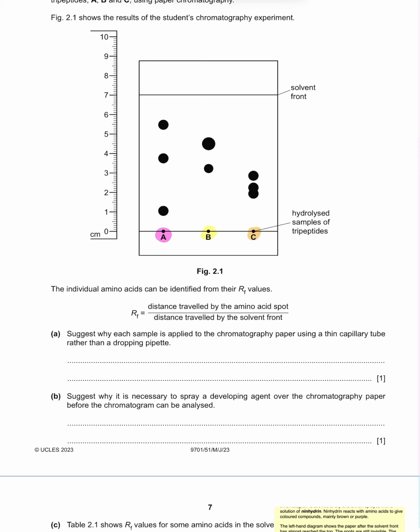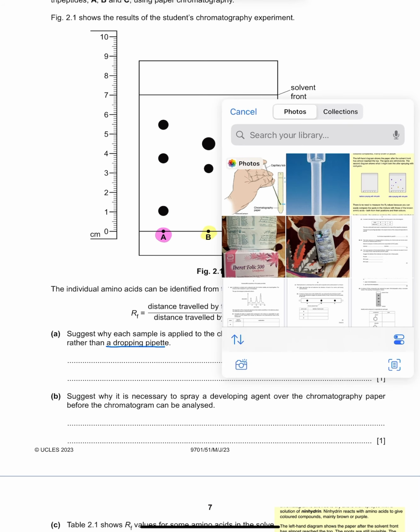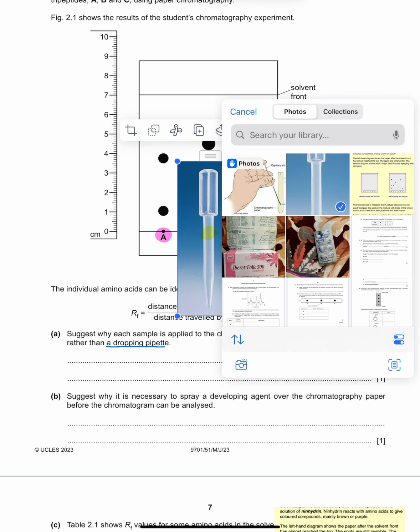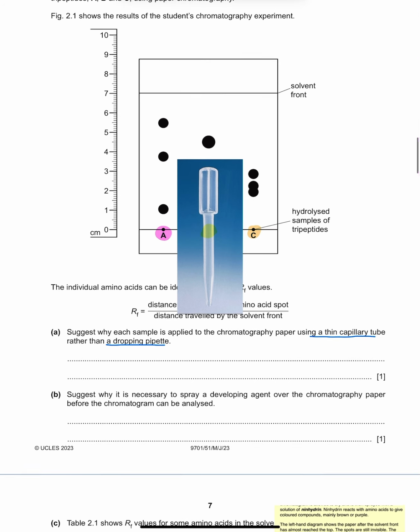Suggest why each sample is applied to the chromatography paper using a thin capillary tube rather than a dropping pipette. This means that whenever you see a question like this, the examiner wants you to make a kind of comparison between the two instruments or the two apparatuses which are given in the question. You have to refer to both. For example, let us say that I do have this dropping pipette.